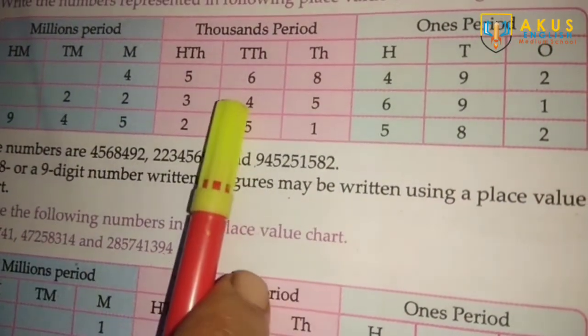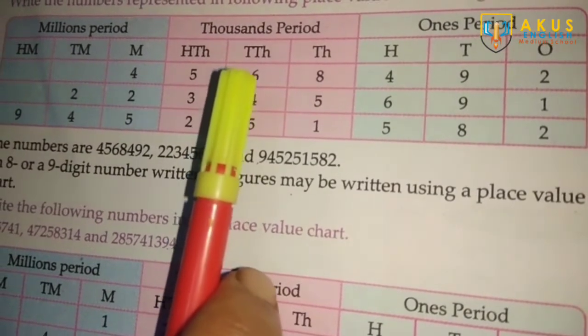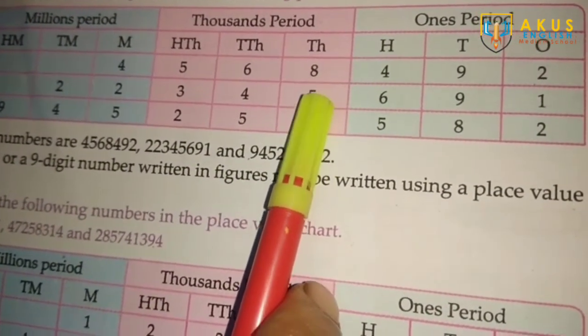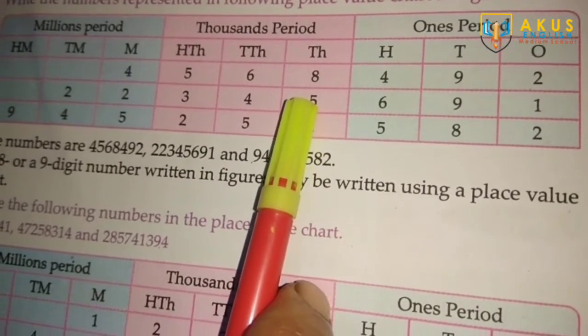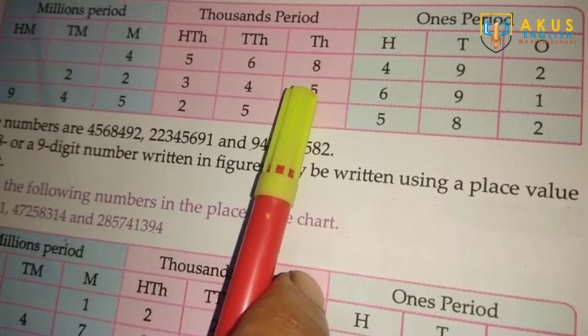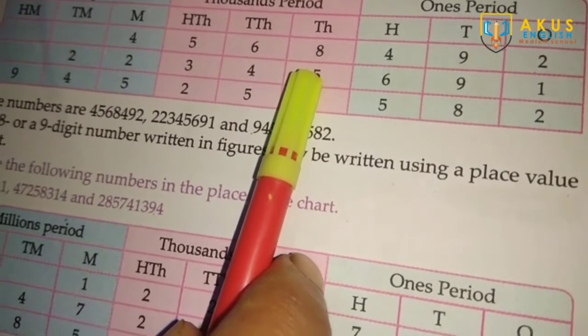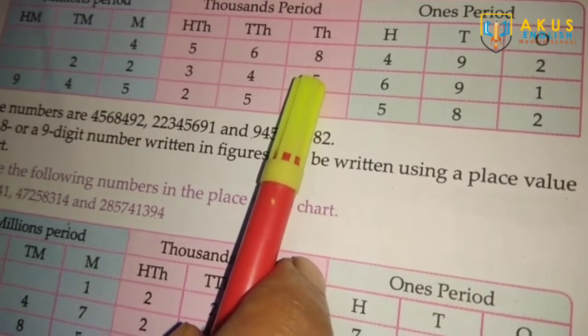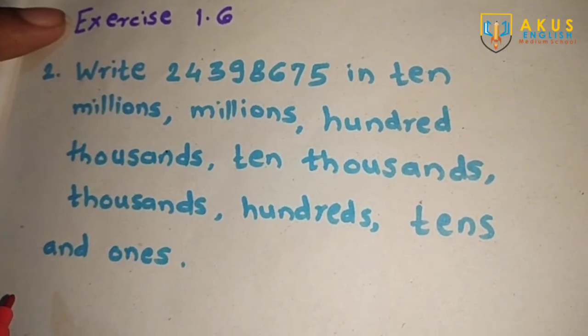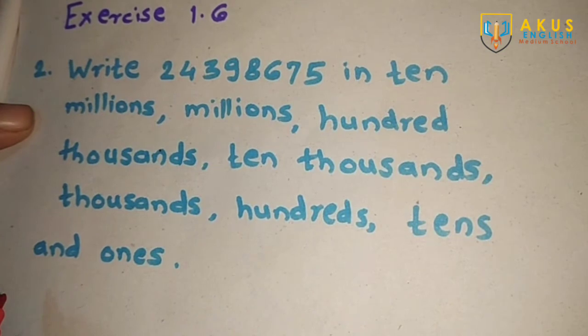Now, with the help of some examples, it might be clear to you how we are going to use the international system of numeration. So, a few sums I am going to solve from your exercise 1.6 so that this kind of system will be more familiar to you. Question number 2.